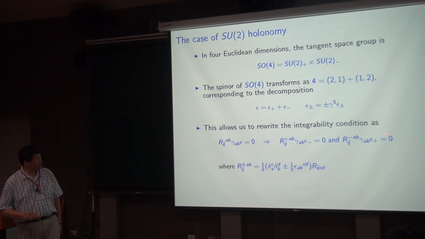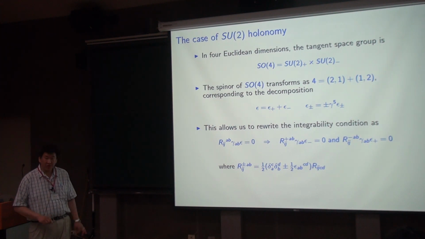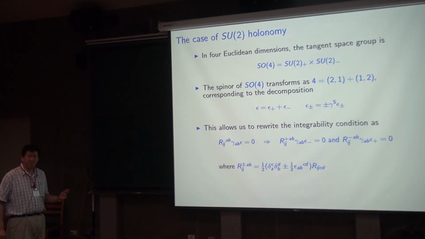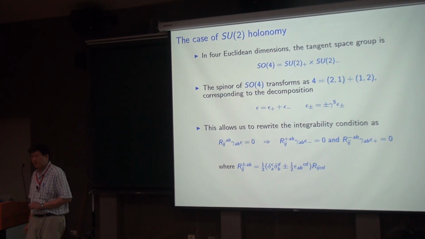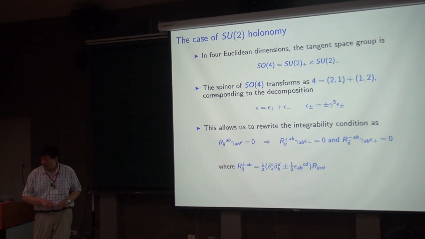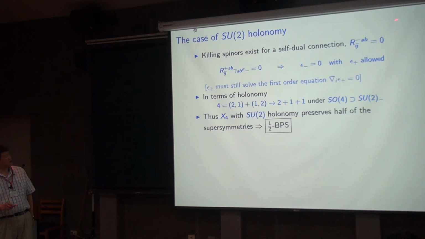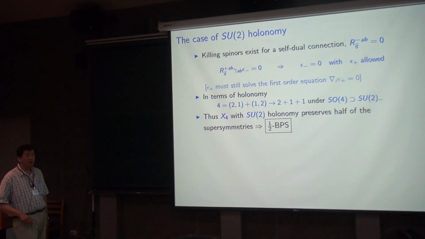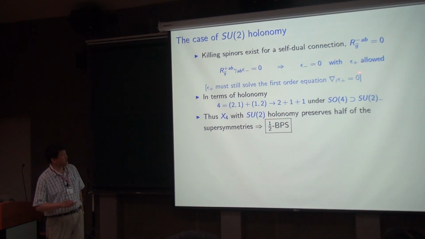So if I choose a self-dual connection, R minus equals 0, and I choose epsilon minus equal to 0, I have solved my integrability. However, by making this choice, I said nothing about epsilon plus. So all possible epsilon pluses are allowed.